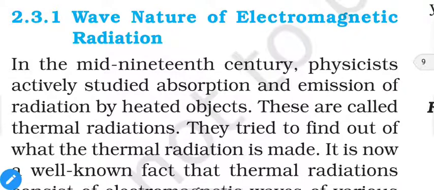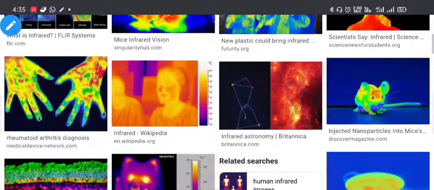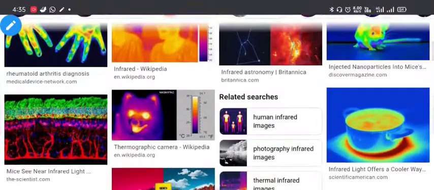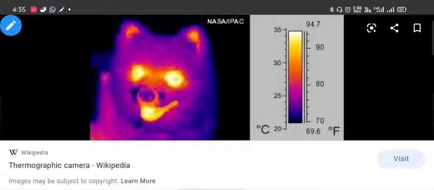Images like this represent some infrared images. As we can see, we have some human images as well as rat, mouse or dog images in this case. So heated objects have different colors than cooled objects. It depends on temperature, and in this image different colors represent different temperatures.